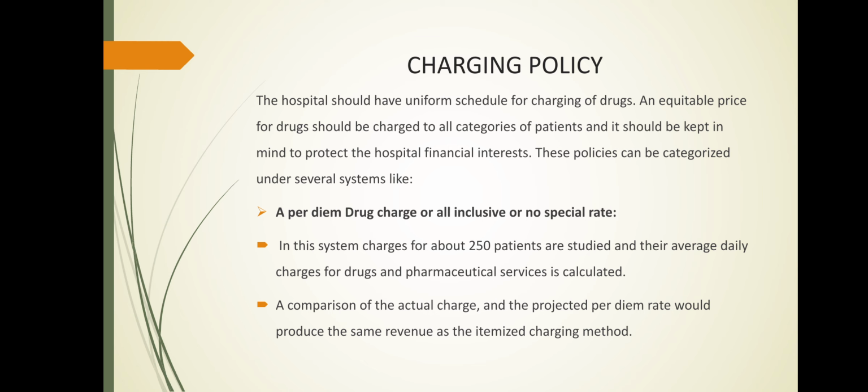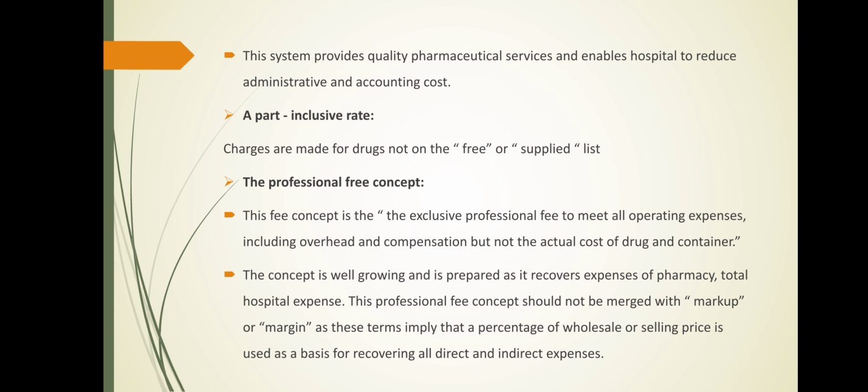First we study 250 patients, through which the average daily charges will be calculated. Next, a comparison of the actual charge and the projected per diem rate will be made for producing revenue, and thus it gives a quality pharmaceutical service and enables the hospital to reduce administrative and accounting costs.